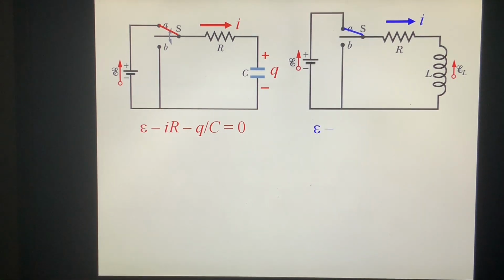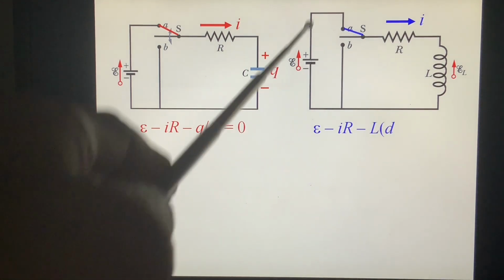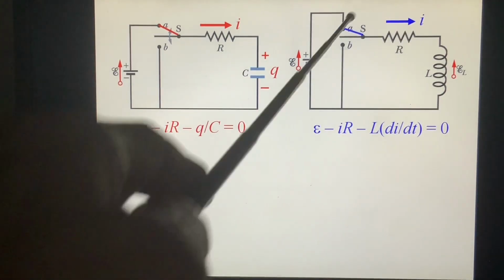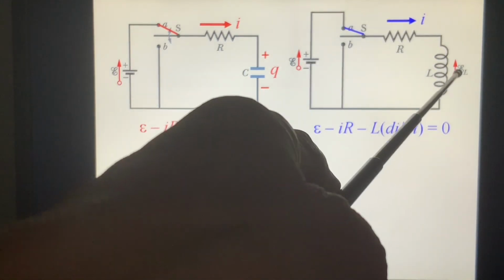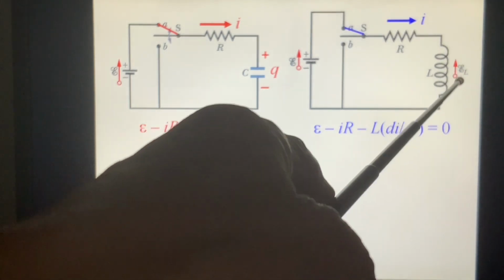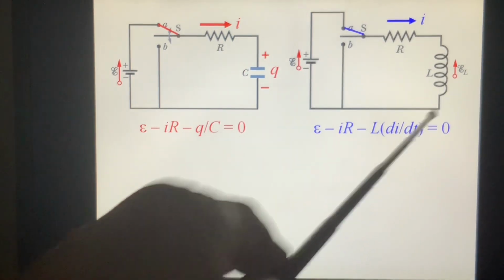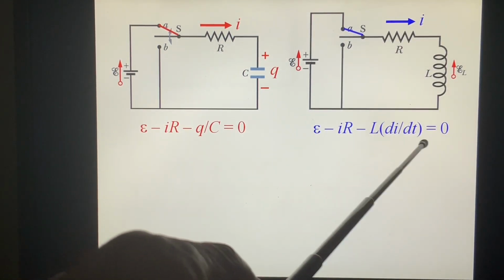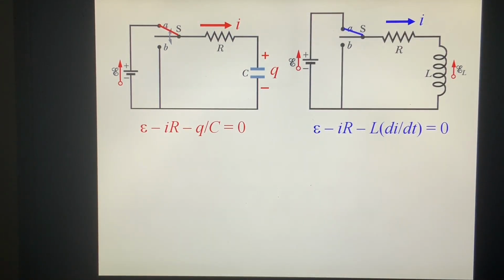And we look at this one. This epsilon minus IR. And this one you see that the self-induced electromotive force, this is positive, this is negative. So we have a minus L dI/dt. I is dQ/dt.